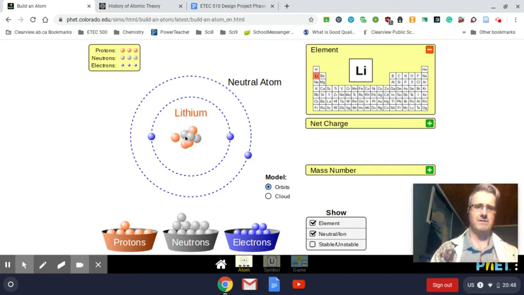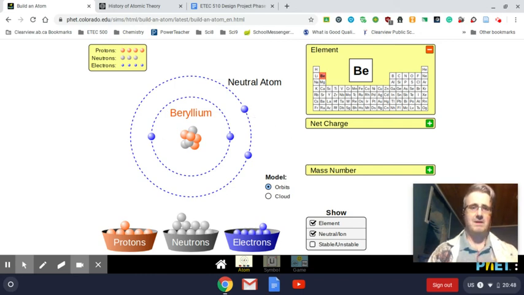Some fundamental pieces to understanding an atom. And we can even talk about the difference between an atom and an ion. This is still relevant. So using this particular simulator, we can demonstrate our understanding of how to build an atom and talk a little bit about Bohr diagrams and so on.